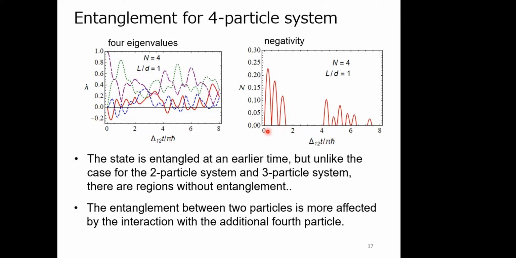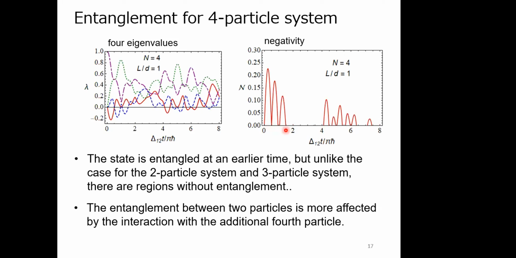This slide shows the case of the four particles. The left panel shows the evolution of the eigenvalues, and the right panel is the evolution of the negativity. Here we also assume that all the particles have the same mass and that L equals d. The state is entangled at an earlier time, in this region.